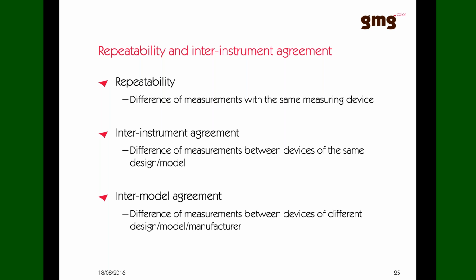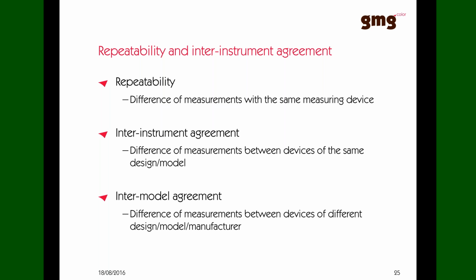Then we can talk about the inter-instrument agreement. The inter-instrument agreement describes basically the difference of measurements between a master device that, for example, a measurement vendor has, and then all the measurement devices that they ship outside.